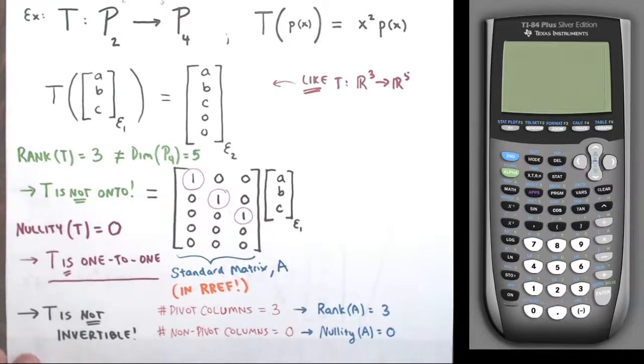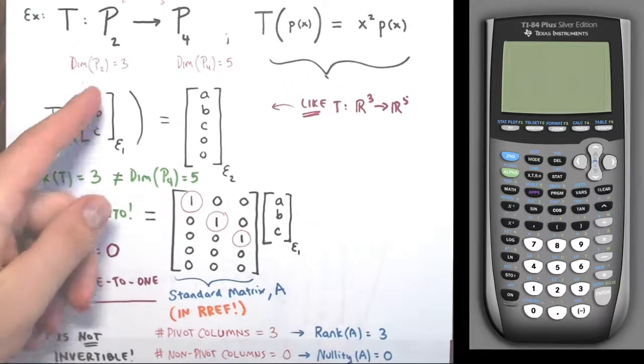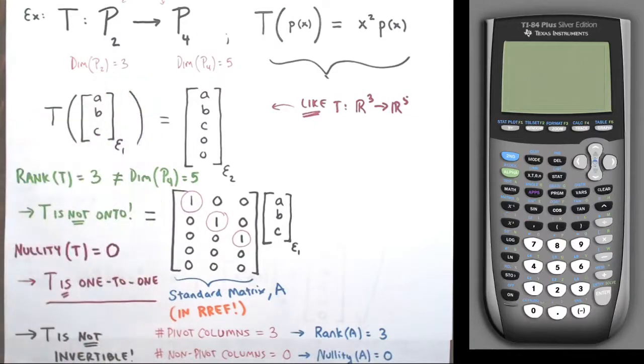In fact, the only transformations where you could possibly see an invertible transformation are ones where the dimension of the domain and the dimension of the codomain are the same. Here, they're different, and in the last example, they were different as well.